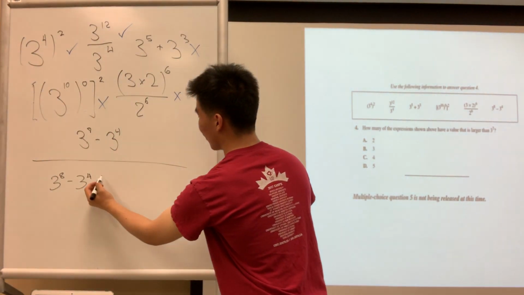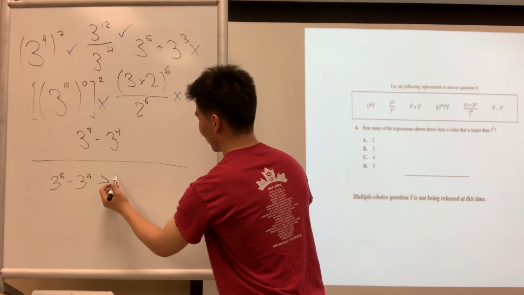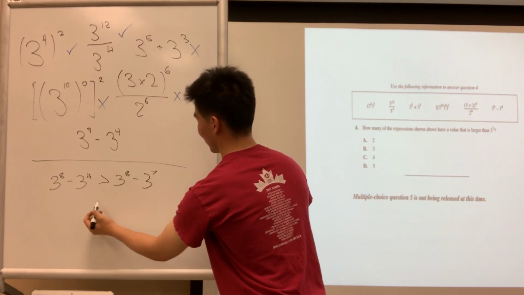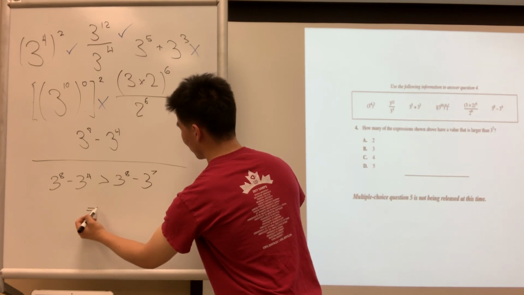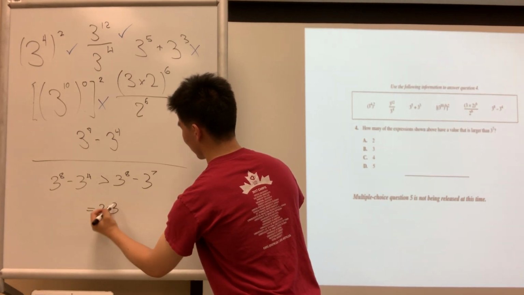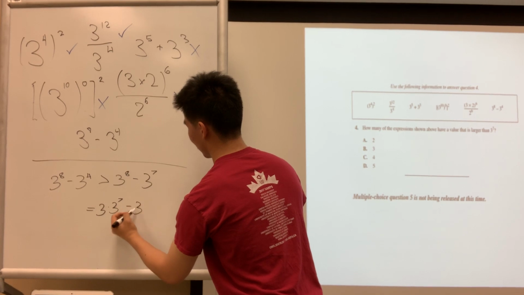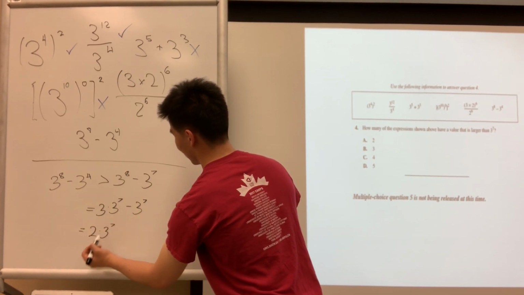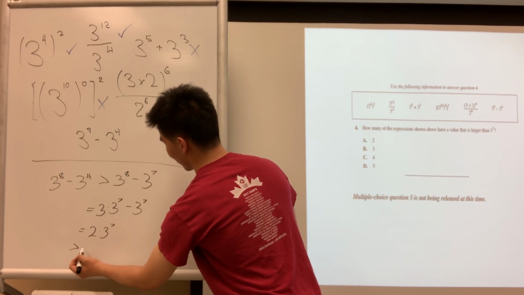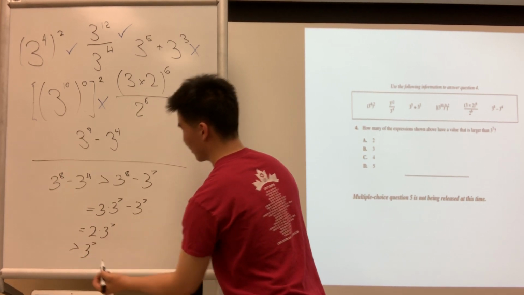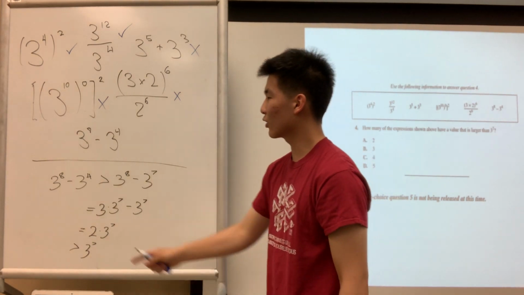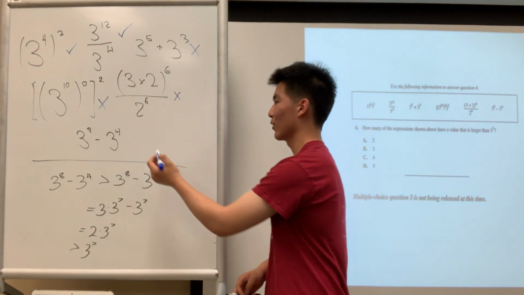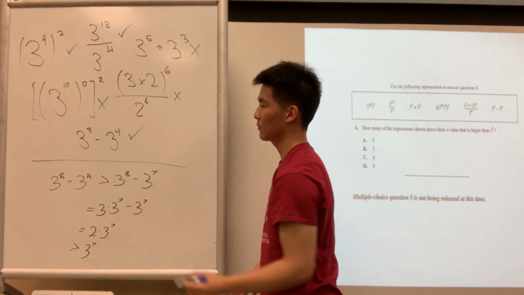I could say pretty confidently that that's greater than 3 to the power of 8 minus 3 to the power of 7, which is equal to 3 times 3 to the power of 7 minus 3 to the power of 7, which is equal to 2 times 3 to the power of 7, which is also greater than 3 to the power of 7. So inevitably, we end up with 3 to the power of 8 minus 3 to the power of 4 is greater than 3 to the power of 7.